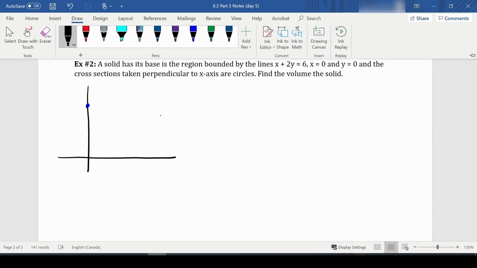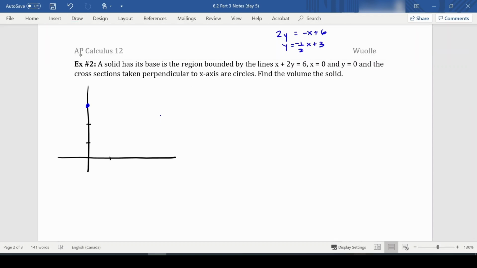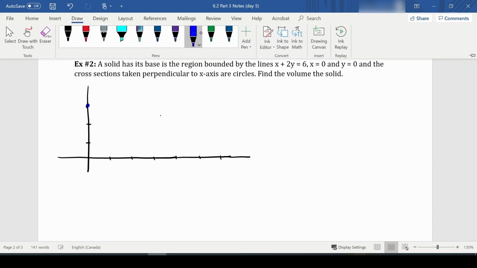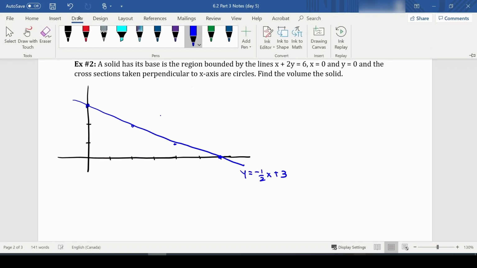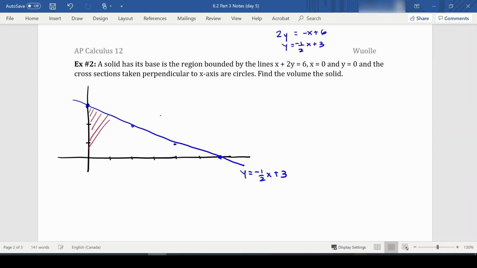Make this 3, 2, 1, 1, 2, 3, 4, 5, 6. Okay, and it's bounded by the line x equals 0, y equals 0, so we're looking at this triangle here.